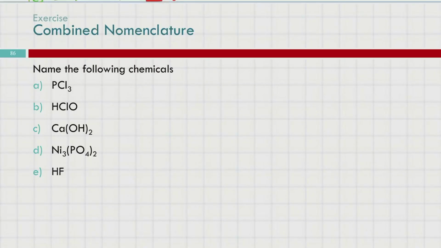So this is nonmetals only, and that means it's either an acid or a molecular compound. For it to be an acid, we would have to have H in front. We don't have H. So that means that it's a molecular compound.